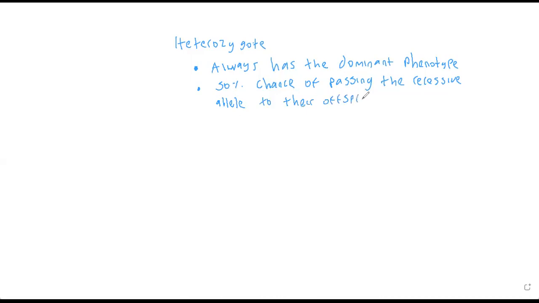Think of it like this. Let's say that you have two pencils on you. They're mechanical pencils, so they look the same. One has lead, one doesn't, and you don't know that. You assume that both pencils have lead. That is how a carrier lives their life, somebody that carries the recessive allele.